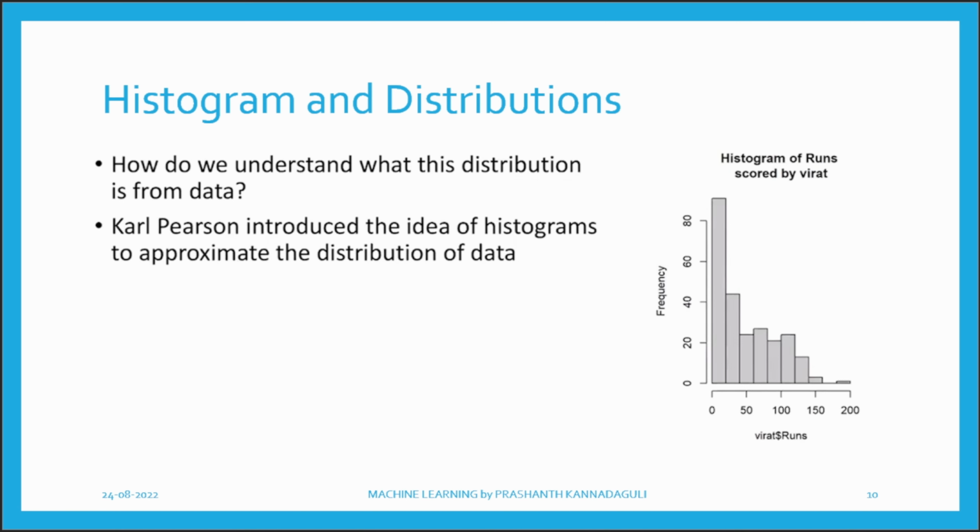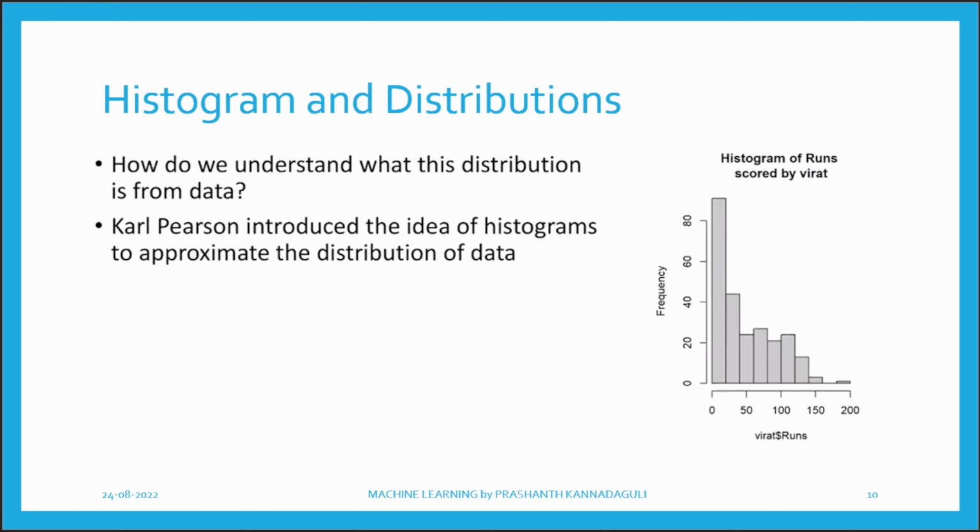Then between 18 and 35, he got out approximately 40 times. You see, this is the information you get, isn't it? So how many times a particular value repeats in your data, if you want to visualize that, you use a particular type of visualization called a histogram.